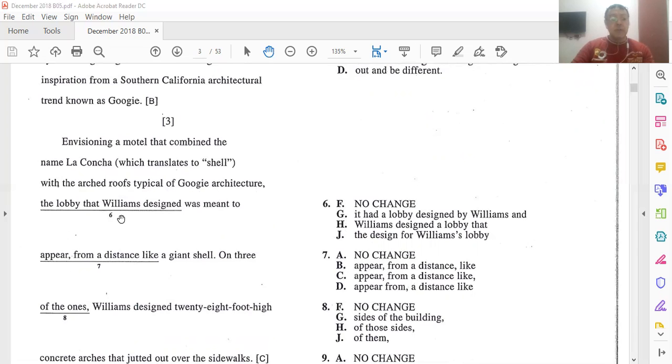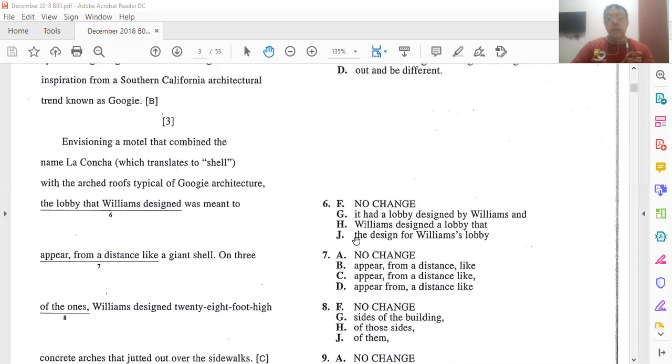Should we say no change, or it had a lobby designed by Williams, or Williams designed a lobby that, or the design for Williams' lobby was? Here, it's better if we start with the subject of that clause.